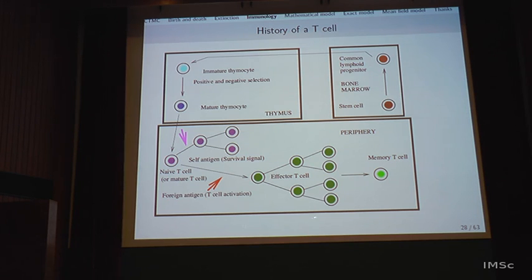I have whatever infection that will lead to T cell activation and a clonal expansion. After your clonal expansion, lots of cells will die, hopefully if you clear the infection, and you end up with memory T cells. But what I'm actually going to talk about is not this red arrow, but what happens when we are actually healthy. So hopefully we want to be here rather than here more often than not.